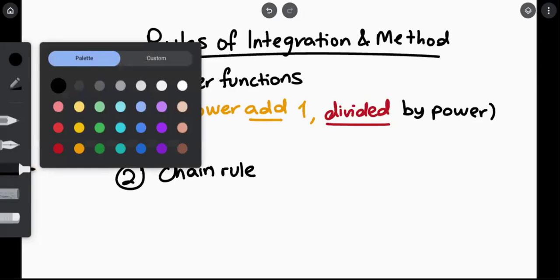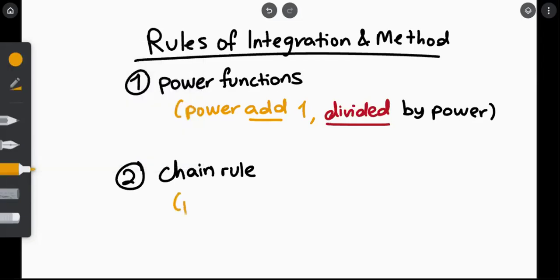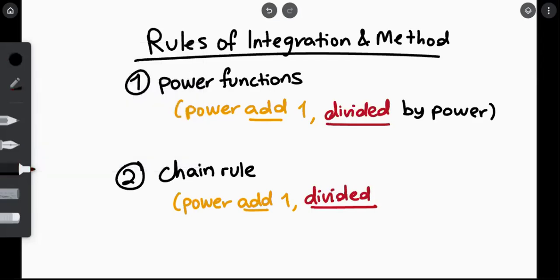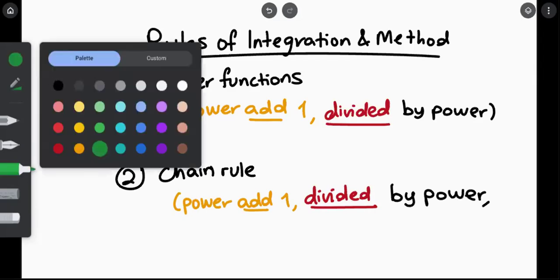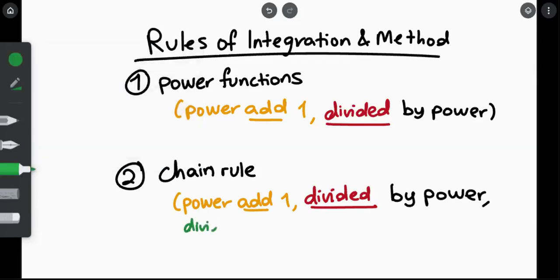For the chain rule, how we do it is power add 1 divided by power. Now there's one more step, and this step is divided by the differentiation inside bracket.